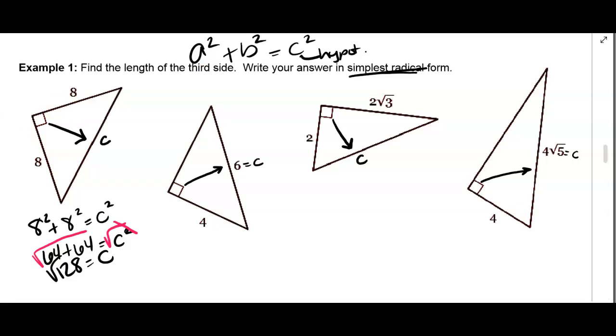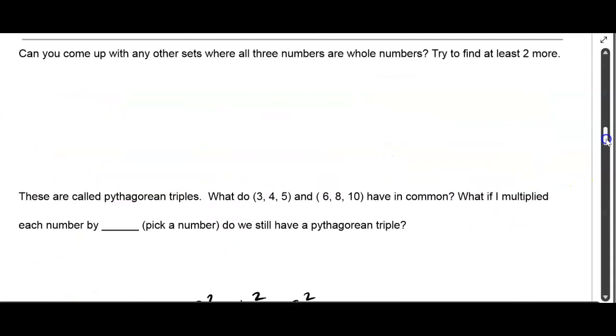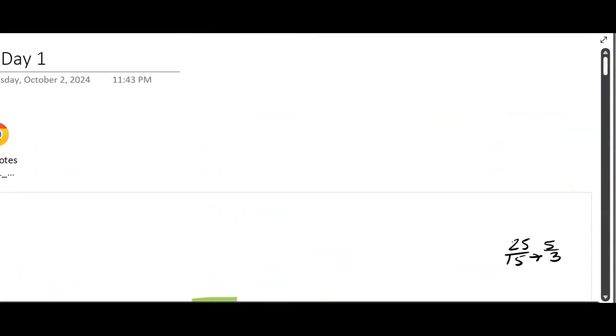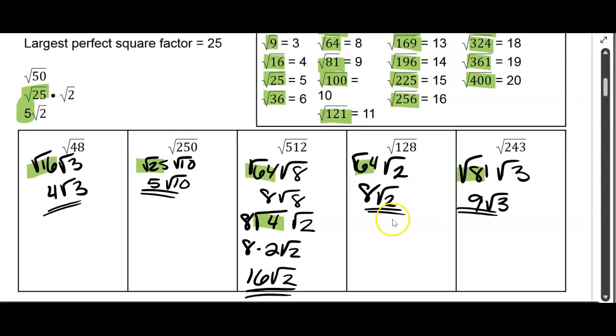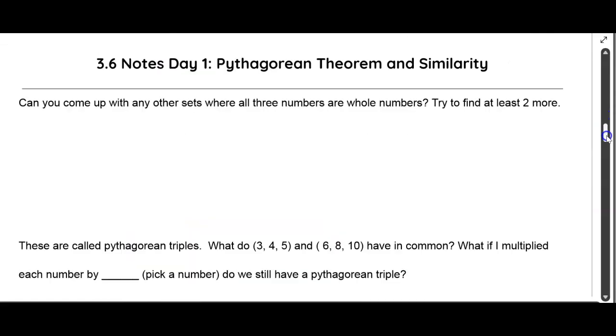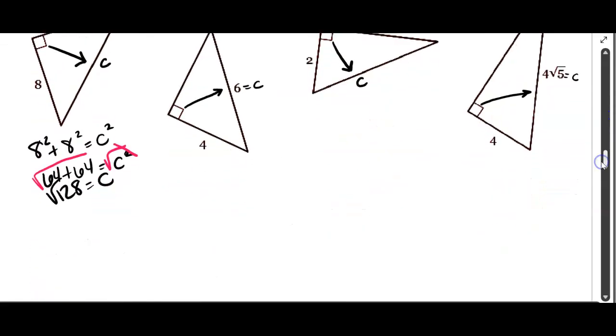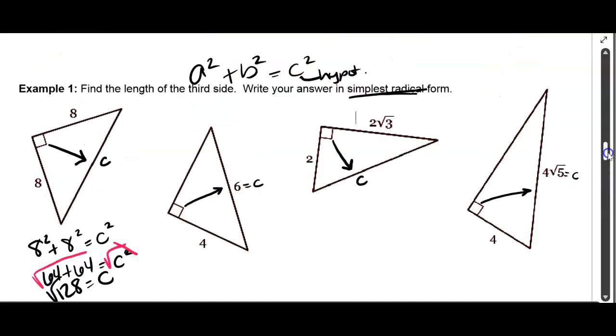If you remember earlier, we actually already simplified square root of 128. We said it was 64 times 2. 64 was my perfect square. So simplest radical form is telling me, don't leave your answer as square root of 128. We're going to rewrite it like we simplified up here. So we're going to rewrite it as 8 square root of 2.